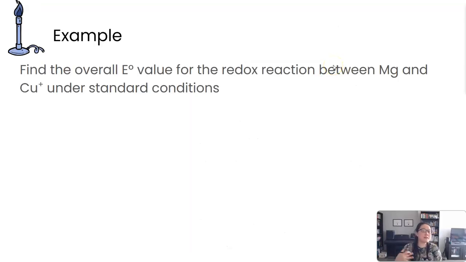So let's look at an example of how you can use these values. Here we have: find the overall E0 value for the redox reaction between magnesium and copper(II) ions under standard conditions. So a reaction is going to happen between magnesium and copper.